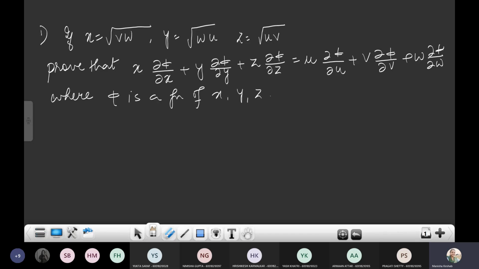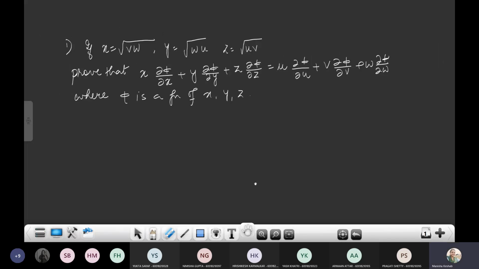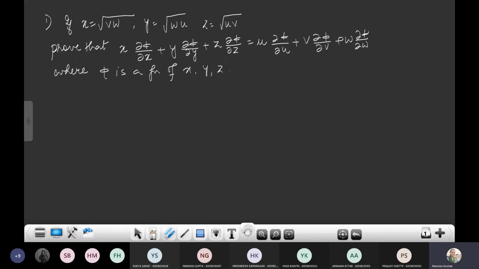So first of all, let us see the tree diagram. Then it will be clear basically from where we need to start. What is given here is that phi is a function of x, y, z, and x, y, z are functions of u, v, w.